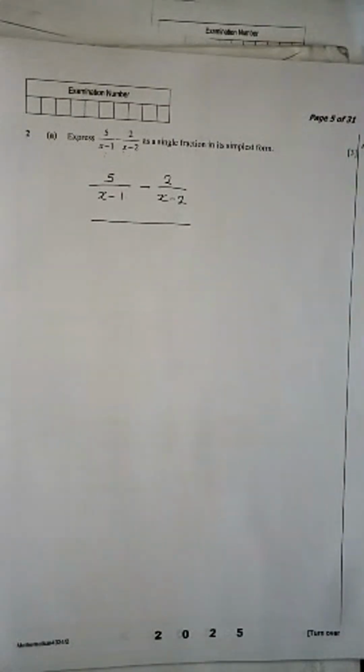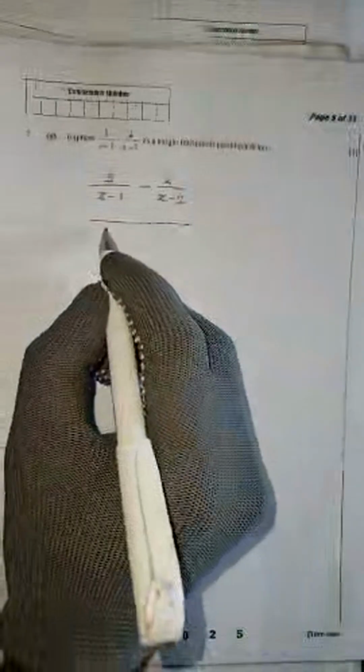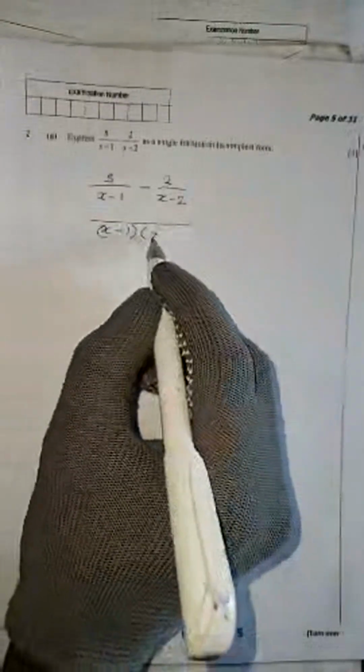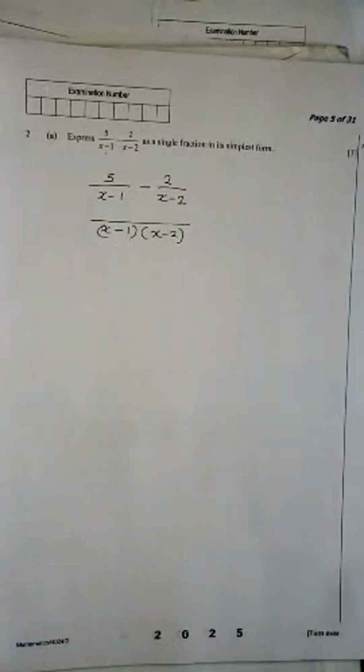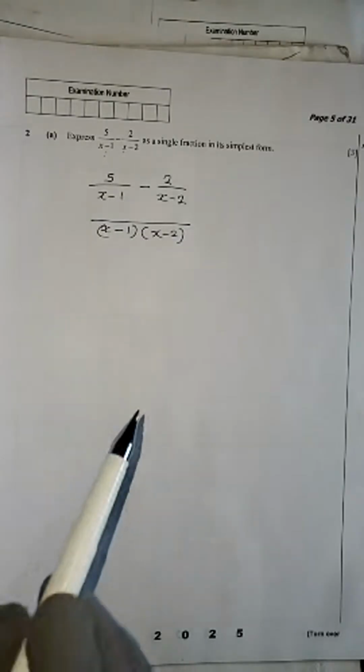Ask yourself, do you have what is common? No. This is x minus 1 and this is x minus 2. So since we don't have what is common, multiply them. You show that you're multiplying them by putting them in brackets like this, x minus 1, x minus 2. Then you cross multiply.